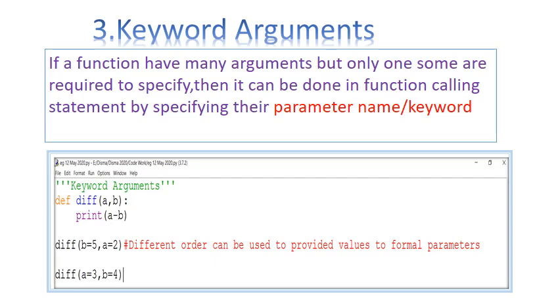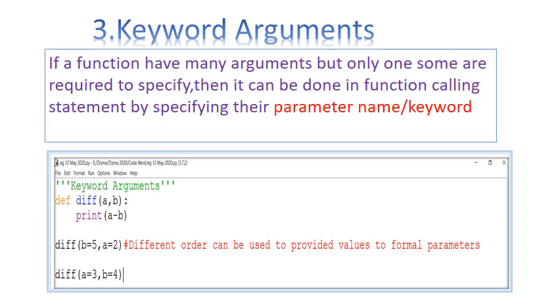First I have specified the name of the argument followed by the value. Then a's value I have given. So in this particular method, when you are going to change the order of the arguments, you must specify the name of the formal parameter. Otherwise, it will lead into error.